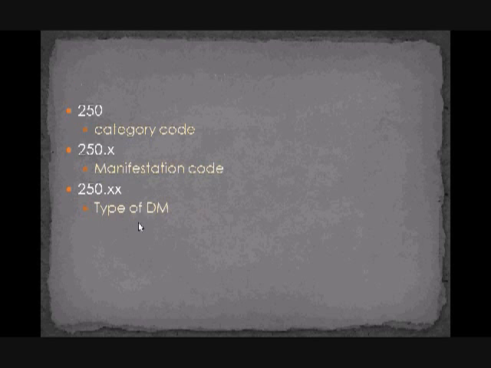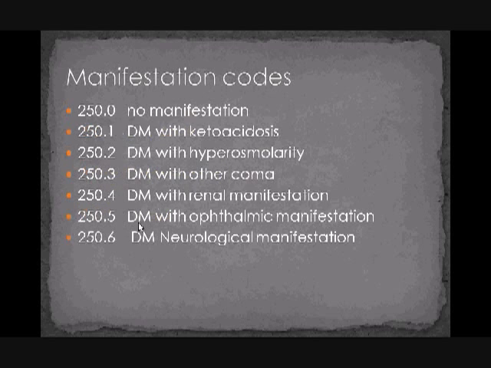The 4th digit is still the subcategory, but it represents the manifestation code, so whatever the outcome of the diabetes is. So if the person had diabetes with neurological manifestation, then the fourth digit would represent neurological manifestation. And the fifth digit will categorize the type of diabetes, whether it's type 1 or type 2.